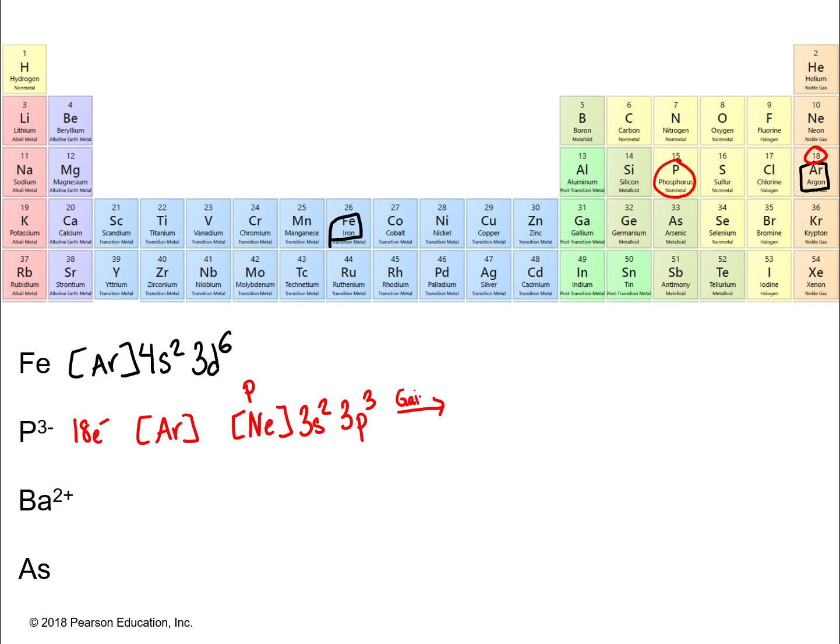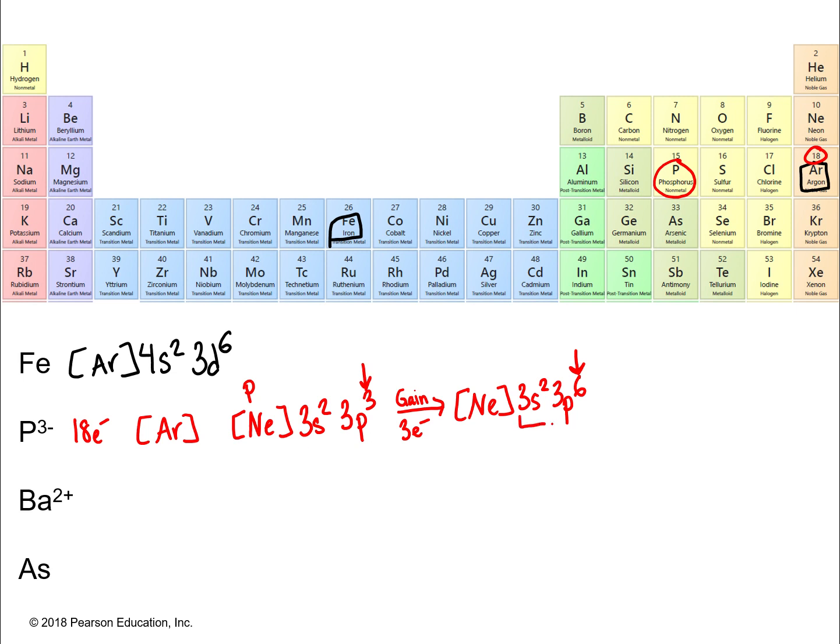But we're going to gain 3 electrons. When we gain those 3 electrons, we're going to put them in the 3p because that's the only place that there's room. So that's where the difference is.